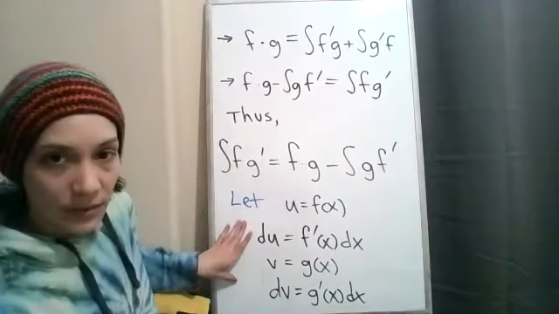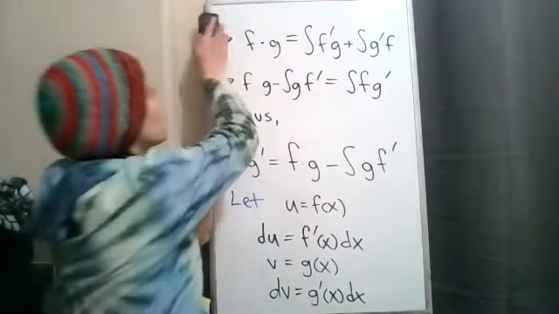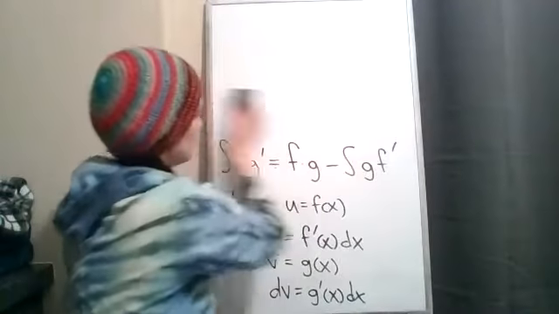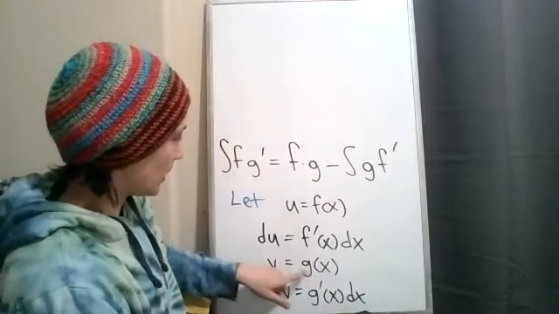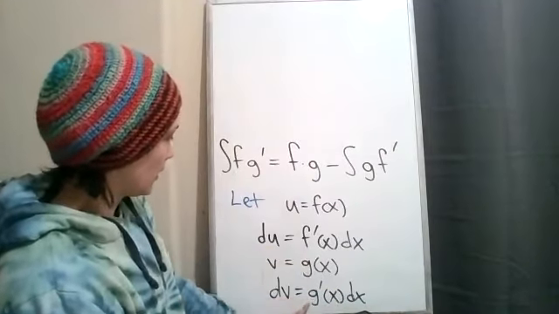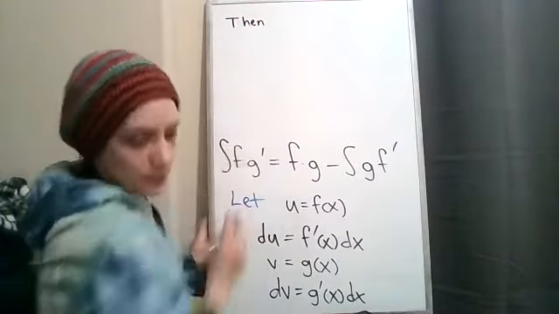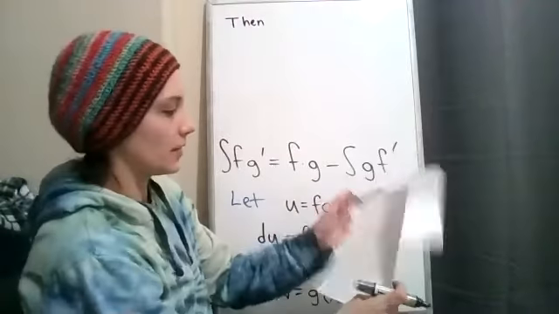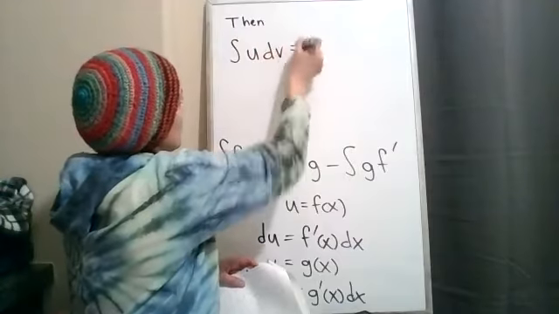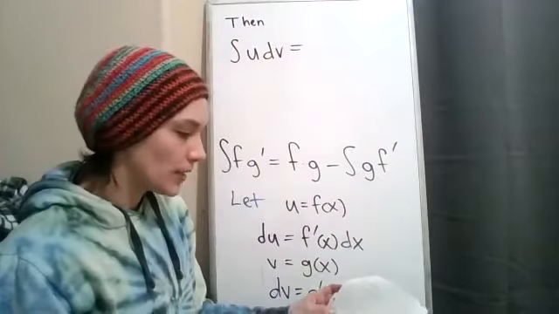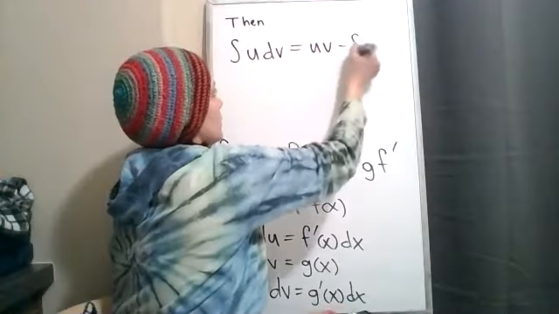And that way, when you put all of these pieces into this here, we will have the integral of u times dv is equal to uv minus the integral of v du.